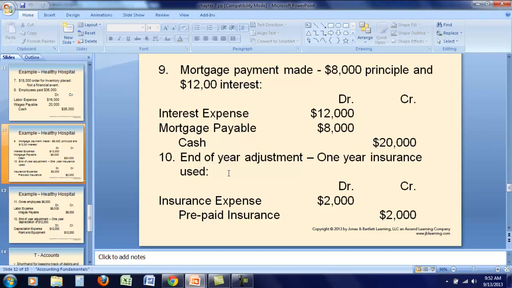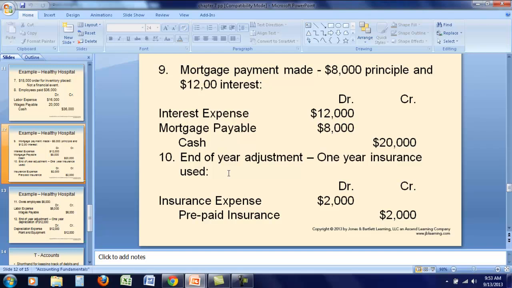So really all you're saying is I consumed my insurance. I actually used my policy, or the time lapsed on my policy, that I've used a year out of my 3-year agreement. So, taking a look at this, I hope everyone can realize that there are certainly two sides and how the debits and credits always balance in this scenario.